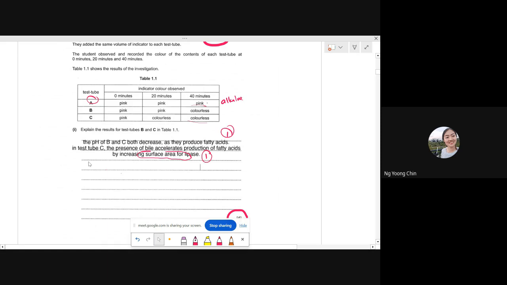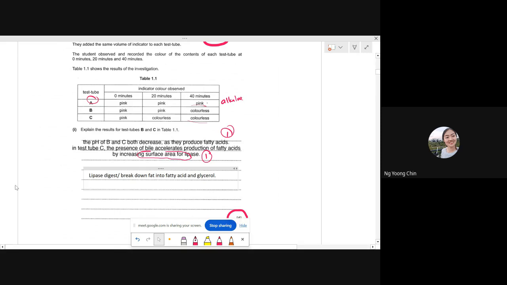But if you want to get full marks, because in IGCSE you always score for the best, right? If you want to score an A star, you need to get about 90 marks or above. So you should add more. First, you can talk about what lipase does. Lipase helps to digest or break down fat into fatty acid and glycerol.